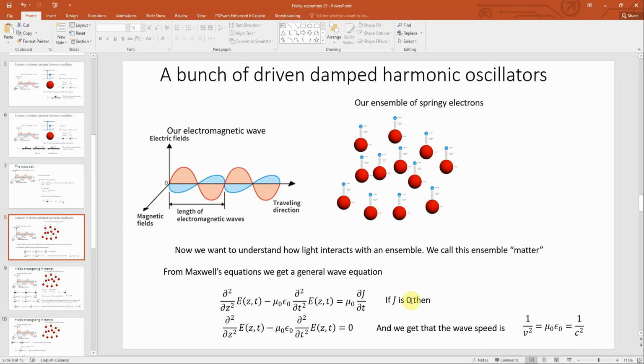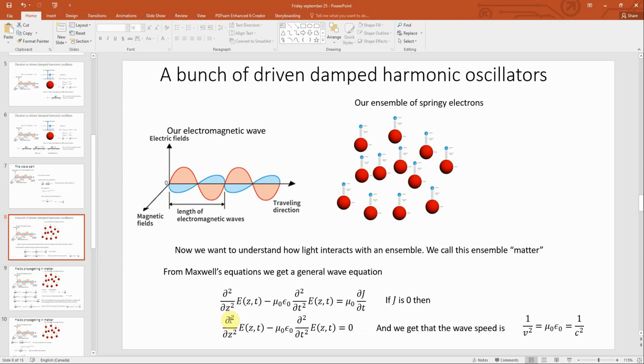But if current is 0, so if these electrons aren't flying around, if they're kind of stuck to the nucleus somewhat, and this is just propagating through and nothing's happening here, then this is just going to be 0, and we get the homogeneous wave equation.